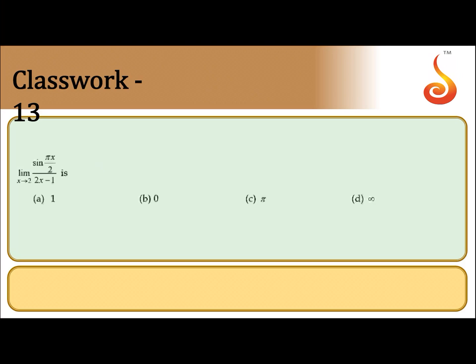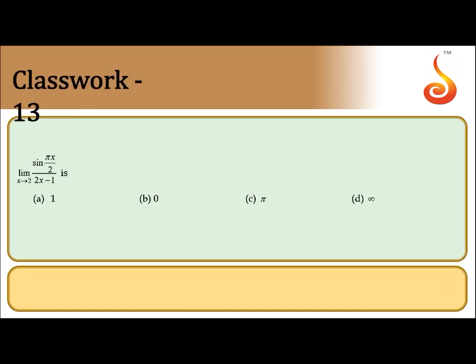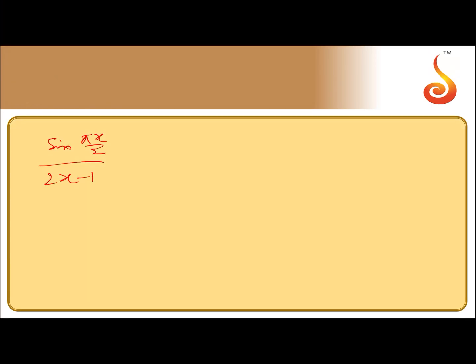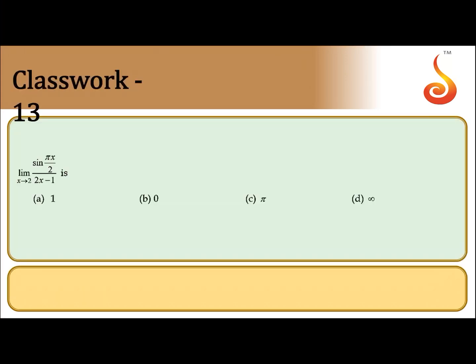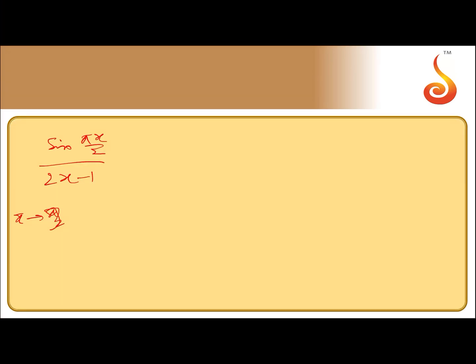Coming to this one, x tends to, so clearly you can see that it is 0 by 0 form. Sin pi x by 2 divided by 2x minus 1, sorry.